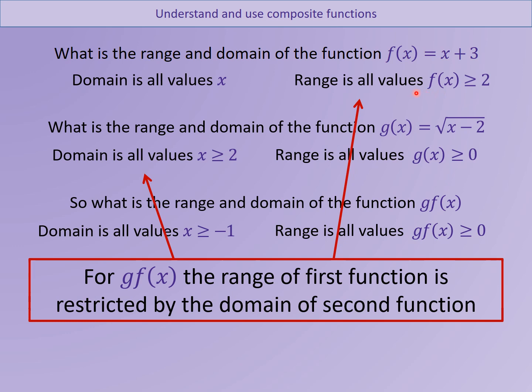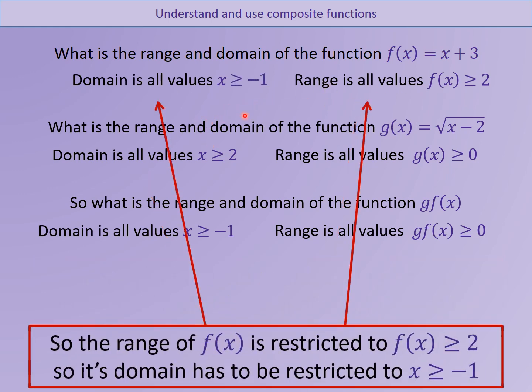Now if the range is restricted, in other words we're only interested in f of x is greater than or equal to 2, that means that the domain is also restricted to get that possible range. So that original range is greater than 2, and therefore the domain is restricted to x is greater than or equal to minus 1. And that is where the domain of f of x comes from.